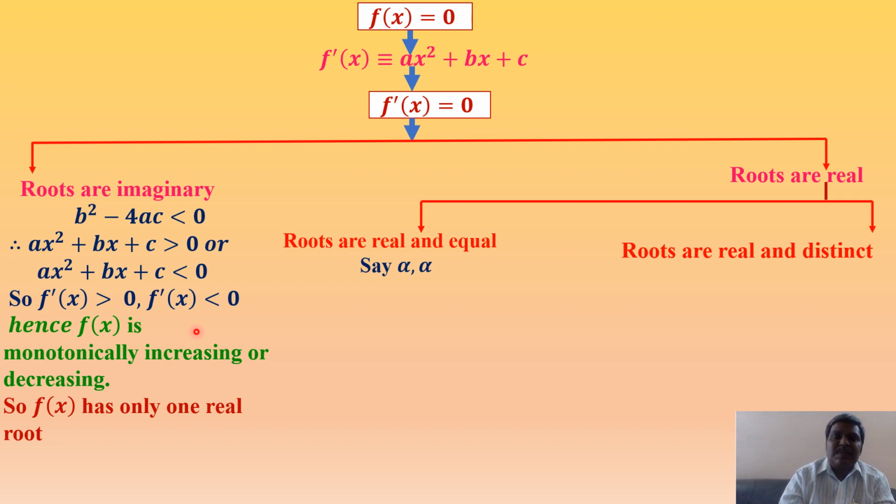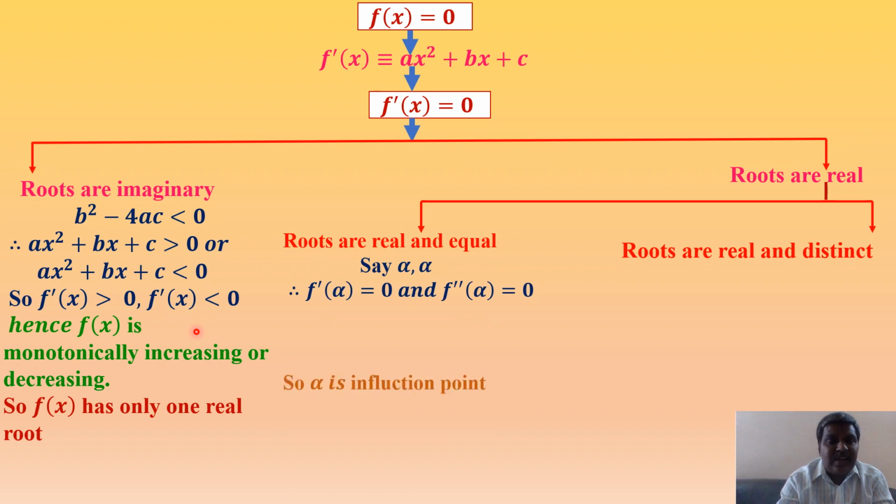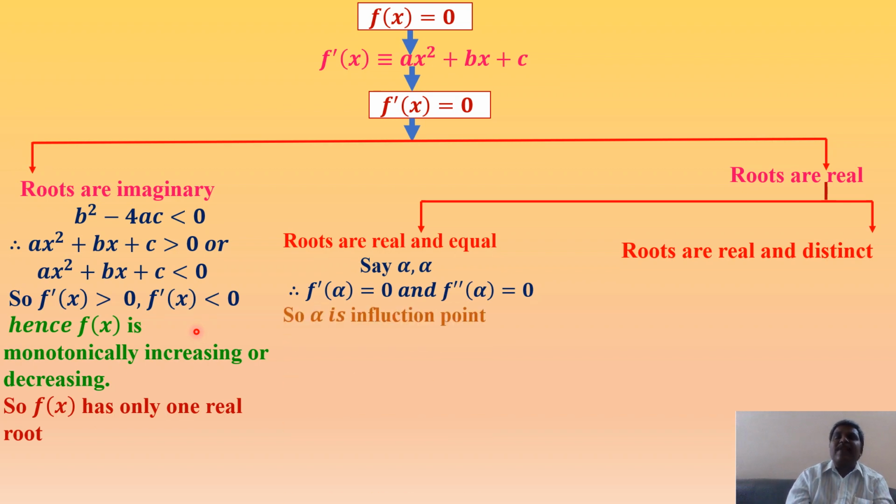If you differentiate that also, we have 2p into x minus alpha. At alpha, f double dash x is also 0. So at alpha, f dash alpha is 0 and f double dash alpha is 0. Therefore, alpha is an inflection point of the curve.